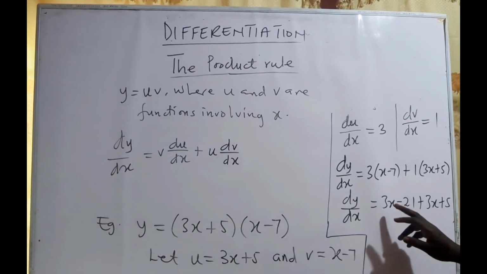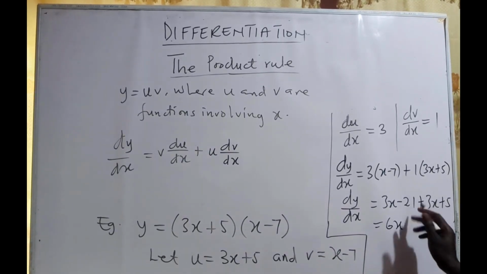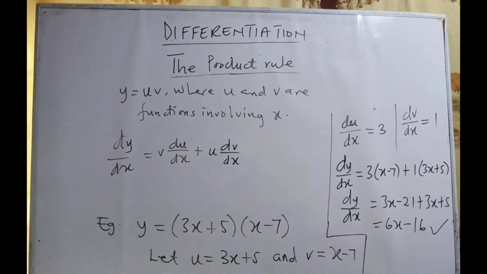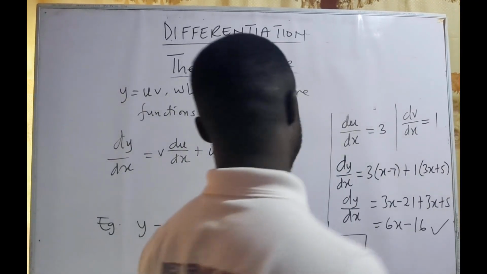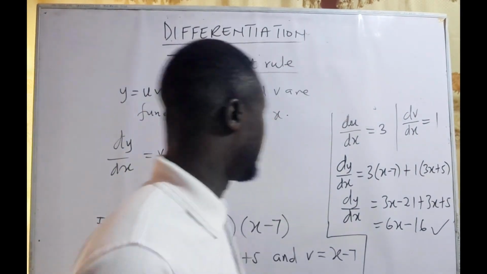So 3x plus 3x is 6x, and minus 21 plus 5 is minus 16. So the differentiation of 3x plus 5 times x minus 7 is 6x minus 16.